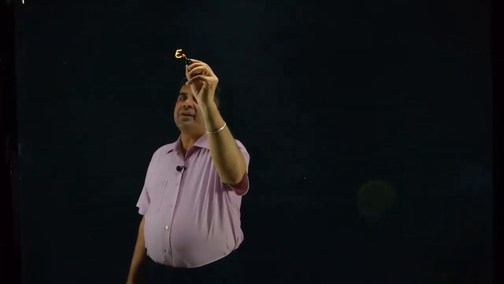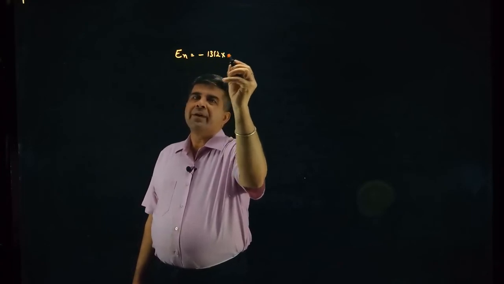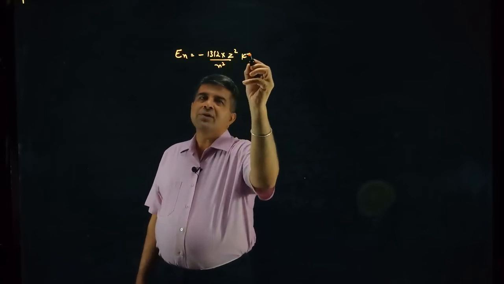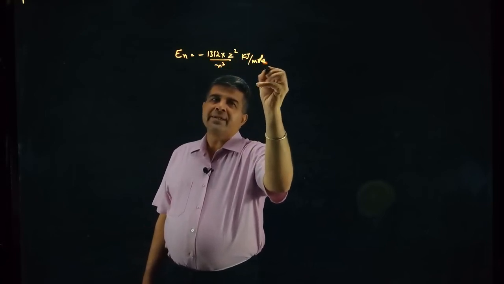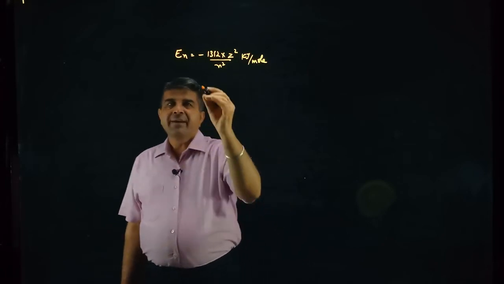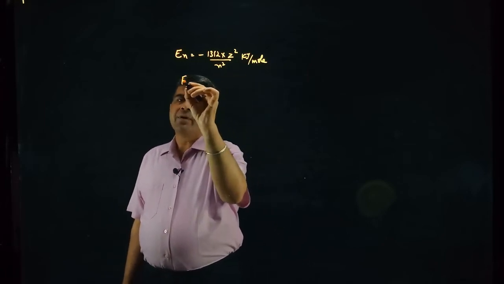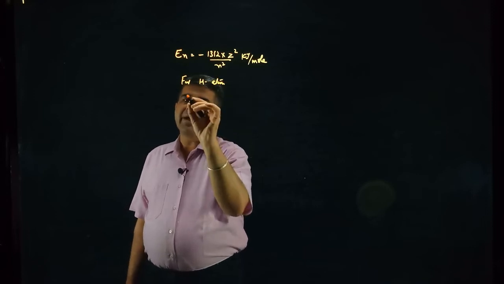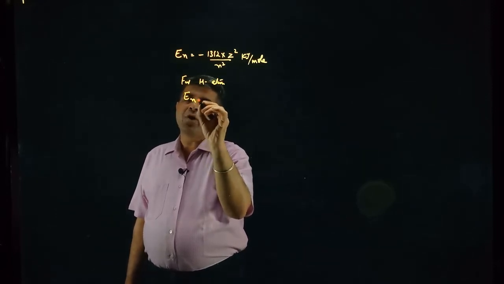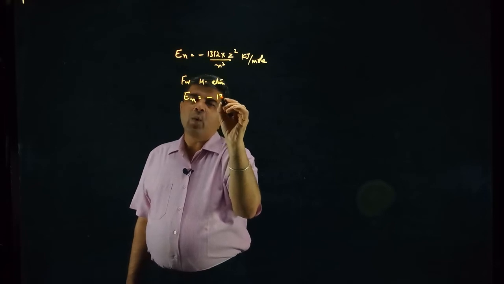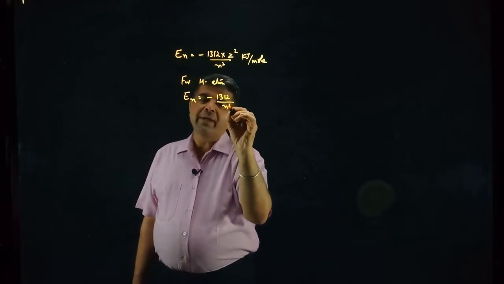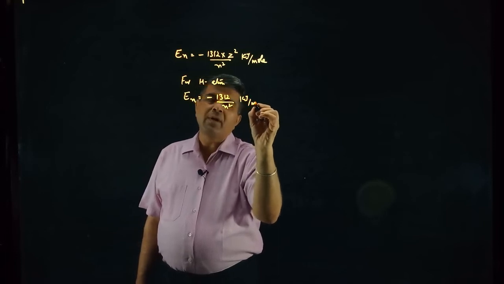Nth orbit energy is given by minus 1312 into Z square over N square kilojoules per mole, and this is quantization of energy. So for hydrogen atom, we can write the nth orbit energy as minus 1312 over N square kilojoules per mole.